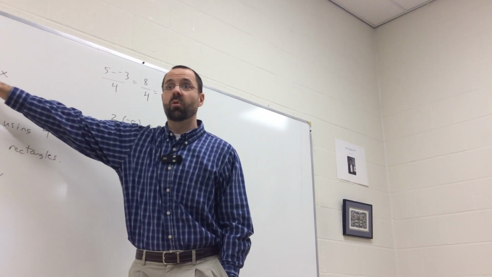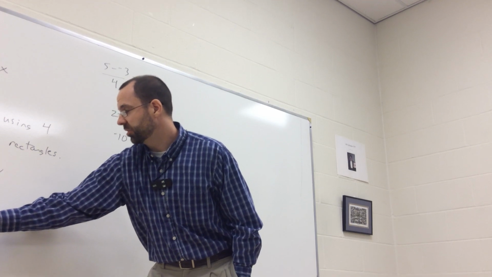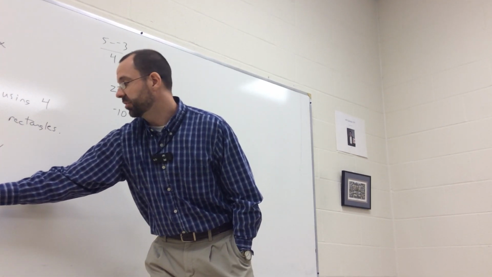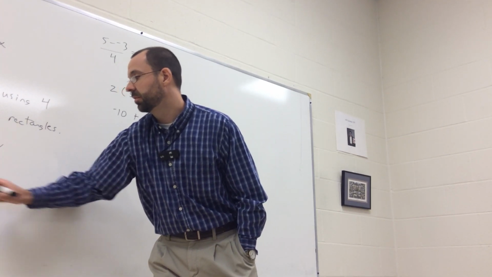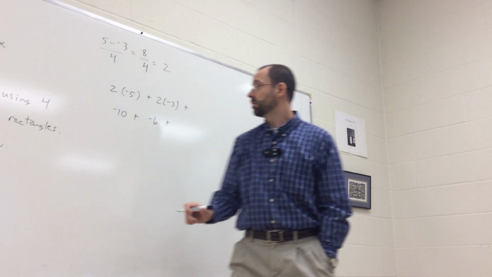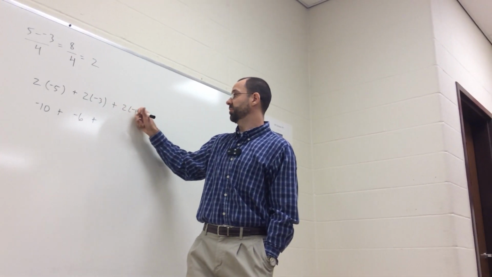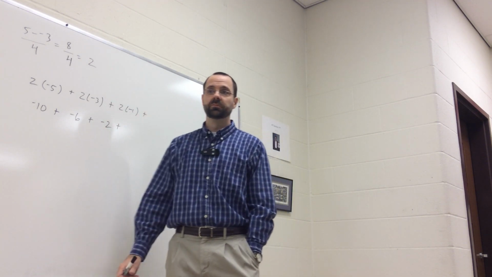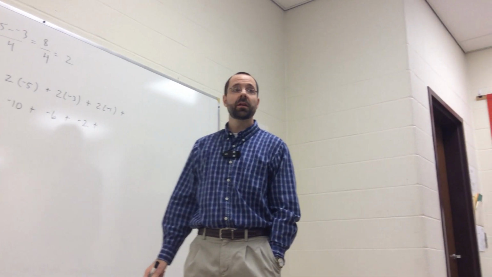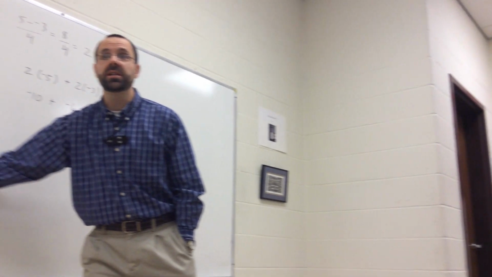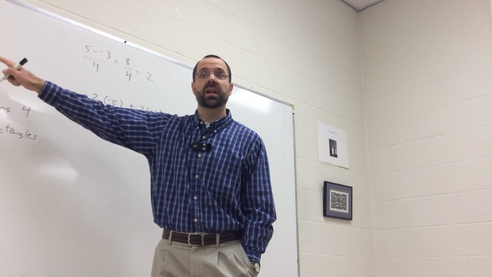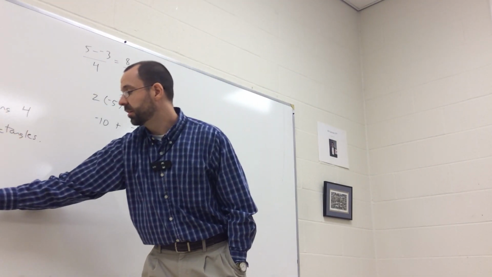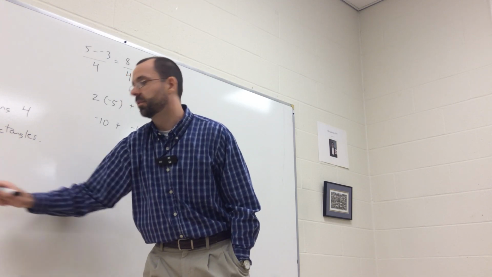That'll give me -1. So that's why it was a little bit awkward there, because it's only going down 1. So 2 times -1 comes out to -2. And then for this one, you plug in a 3. -2 plus 3 is 1. So that one will have positive area.